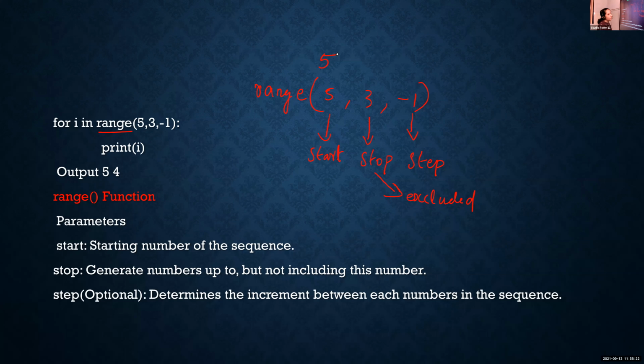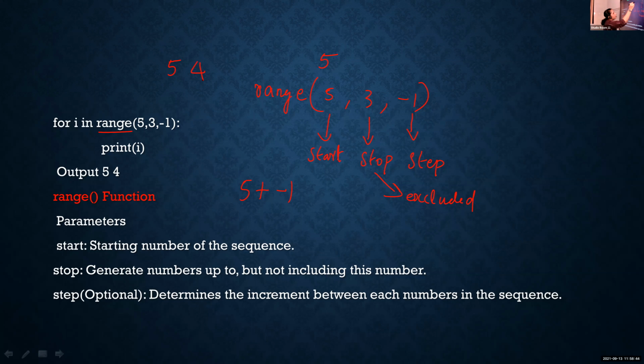Then after that, incremented with -1, meaning 5 plus -1. What is 5 plus -1, Pooja? 4. So the first value printed is 5. After that, 4 is printed.